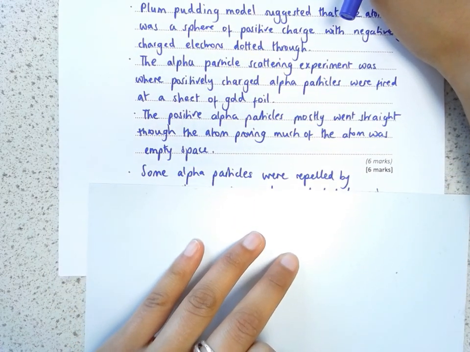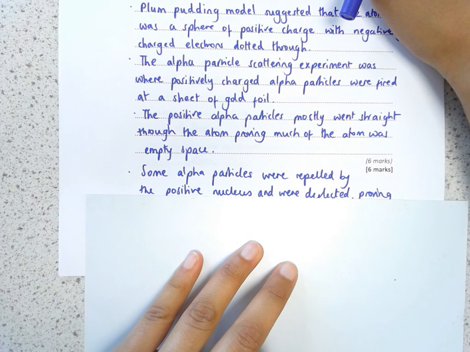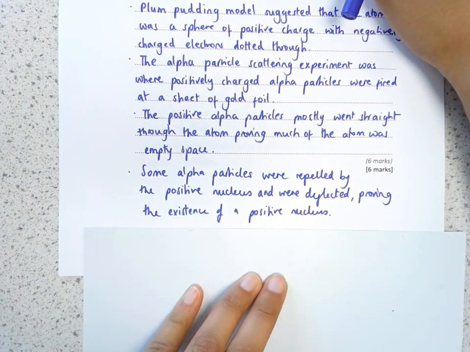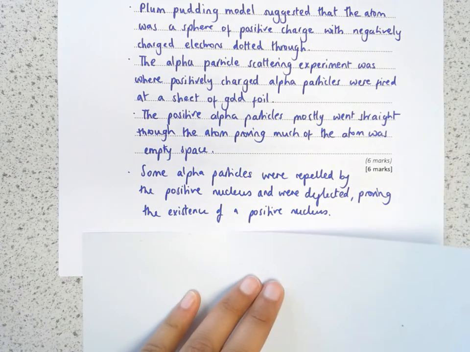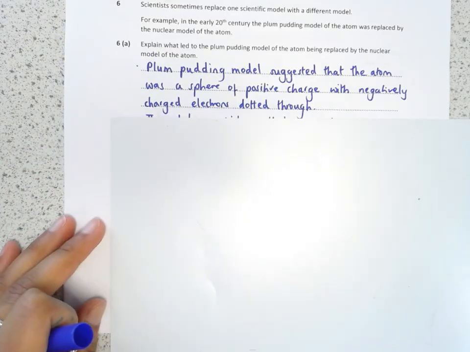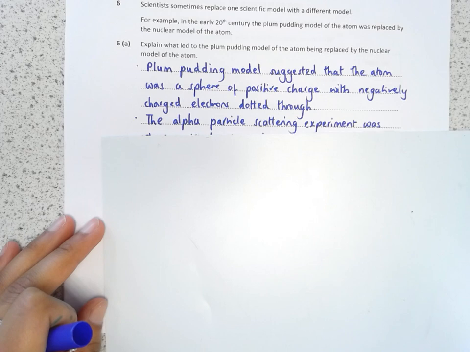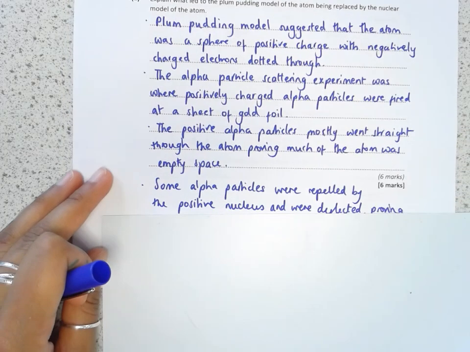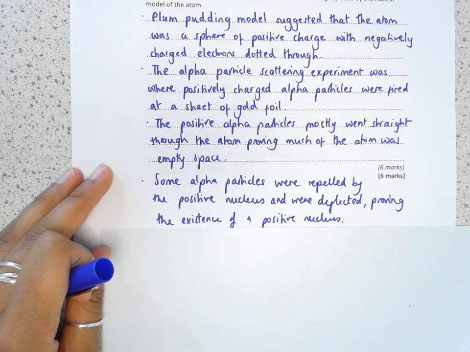And finally, some alpha particles were repelled by the positive nucleus and were deflected, proving the existence of a positive nucleus. So that tells us what the plum pudding model was, the experiment that led to a more nuclear model, and essentially what that nuclear model was at the end.